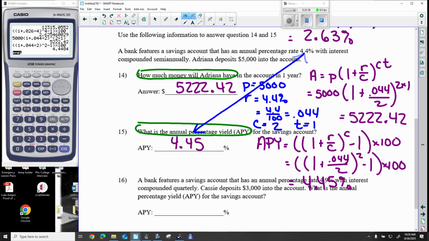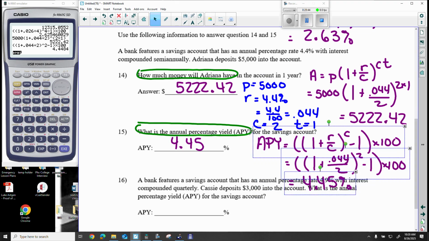It was 4.4, and now the APY is 4.45. So very close to what the original thing was.